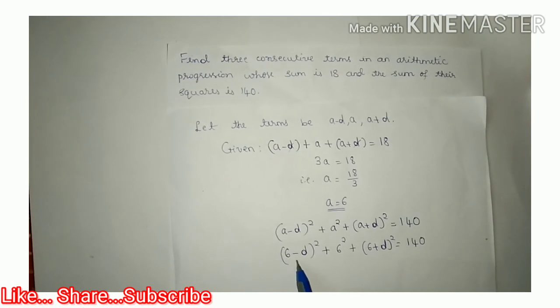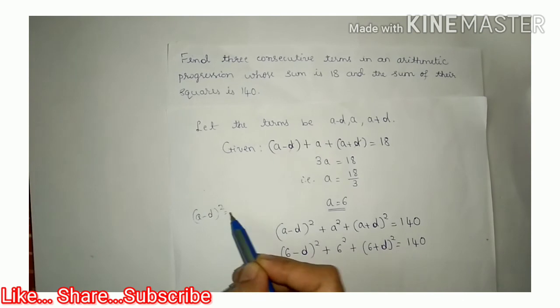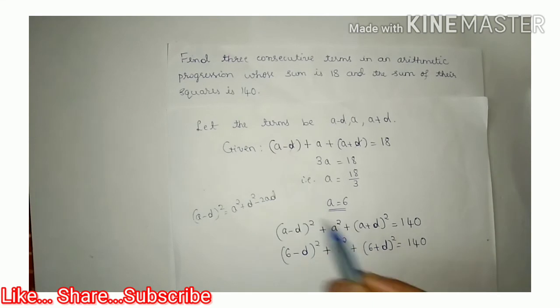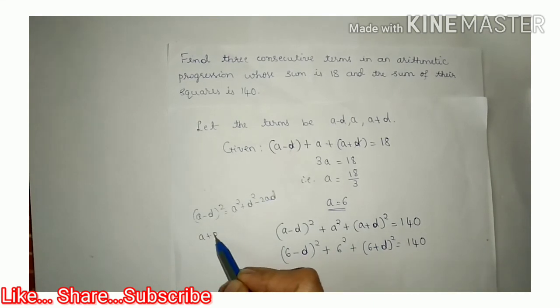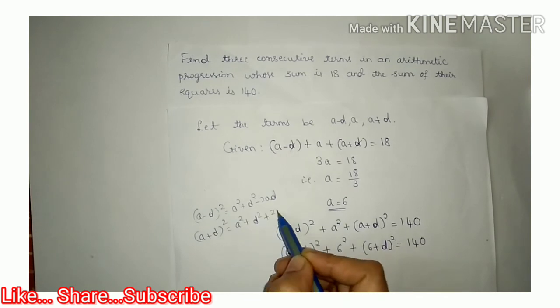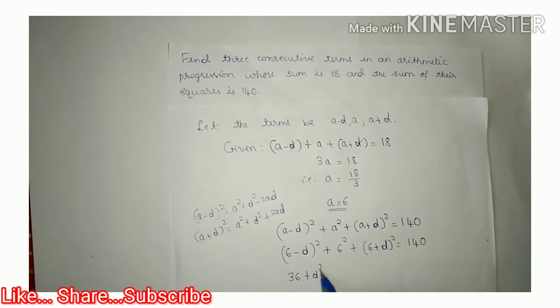Here, (A minus D) whole square is A square plus D square minus 2AD. Similarly, (A plus D) whole square is A square plus D square plus 2AD. Using these two identities, 6 square, 36, plus D square minus 12D.